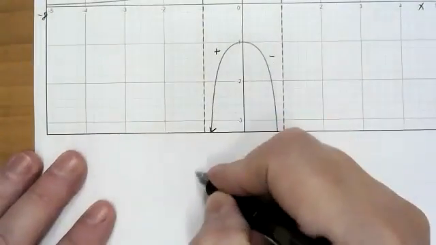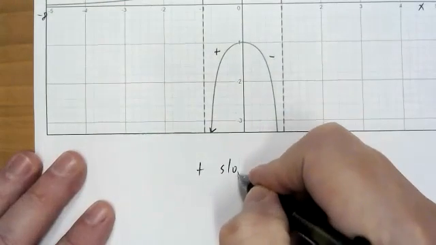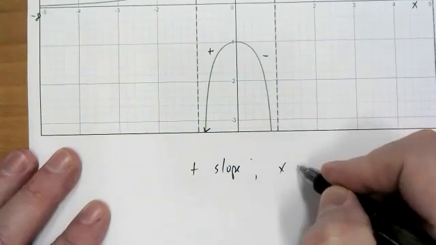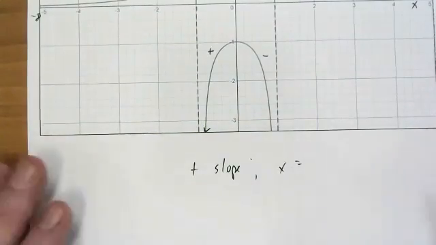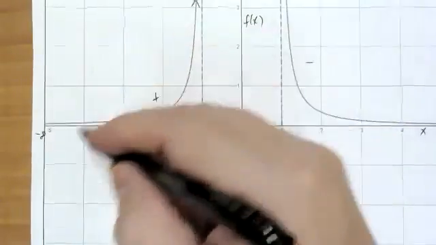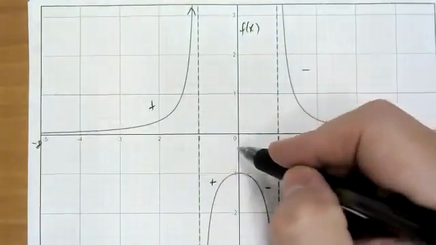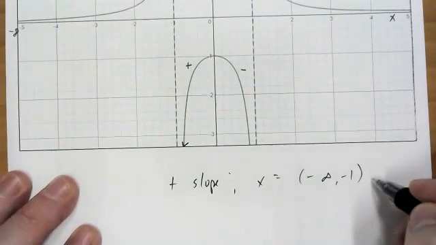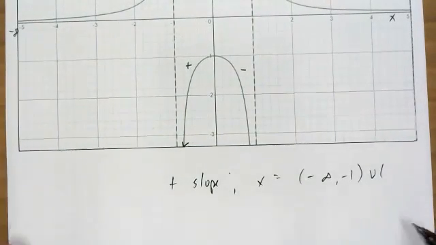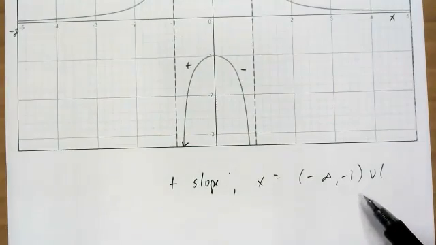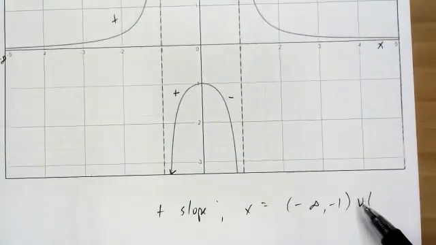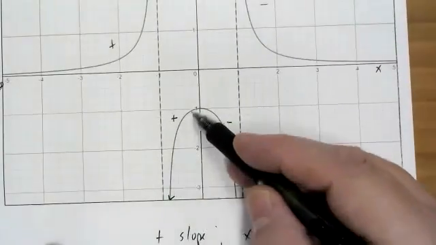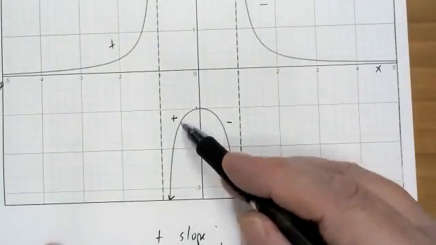So when they ask for the interval for positive slope, you say x equals, here's the positive slope, -infinity to -1. Here I decided to put a union sign this time. Any more positive? Oh, we got a positive slope here.